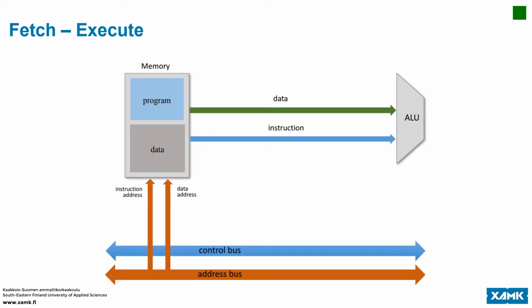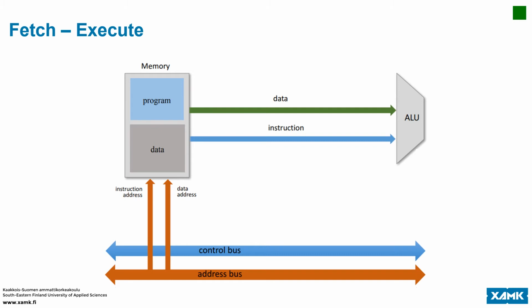Still, even taking into account these little remarks, this fetch execute cycle is still not a very complex concept. There is one problem though. As you remember, the memory contains both program instructions and data. So when we read something from the memory in this fetch execute cycle, we are only talking about passing values from the memory here to the ALU to be executed.